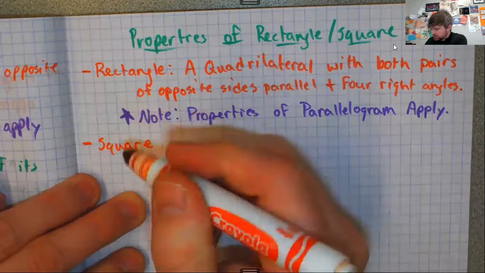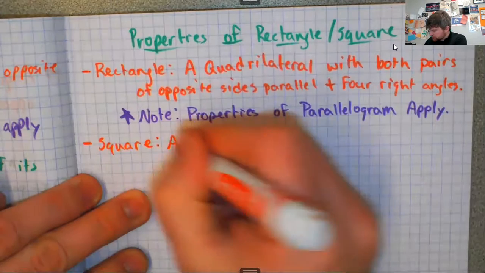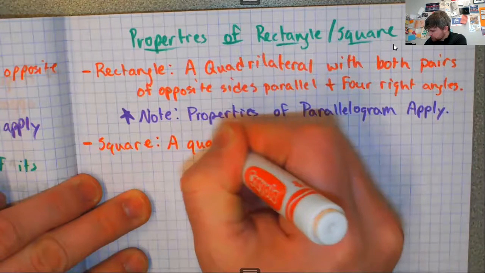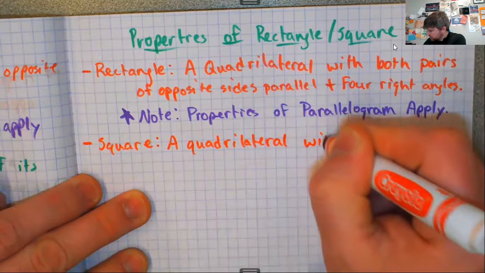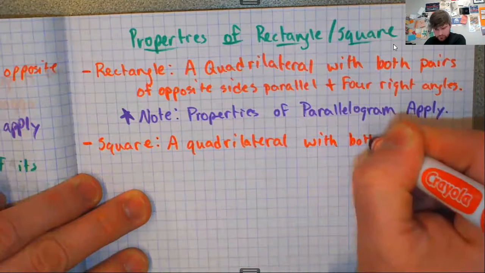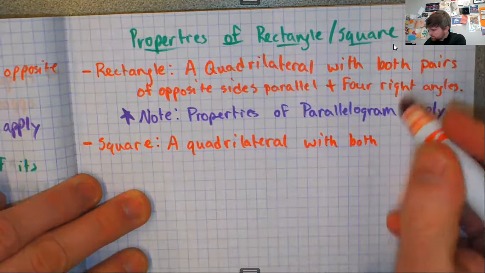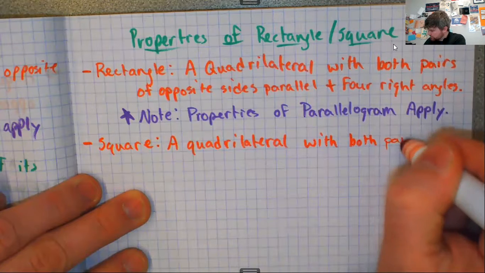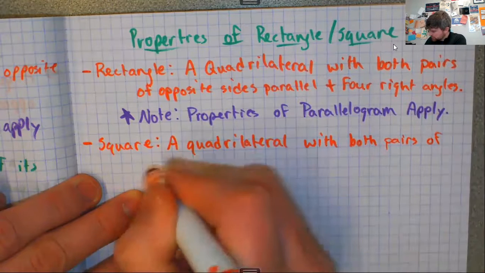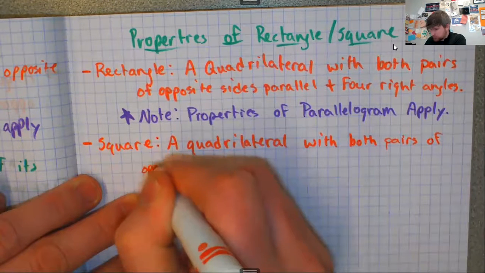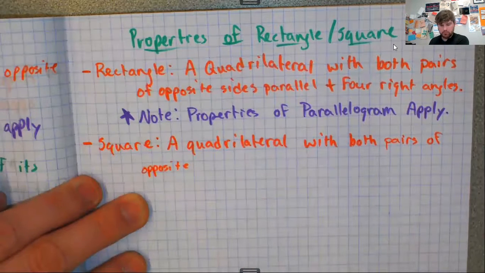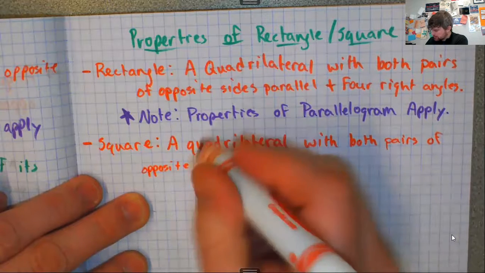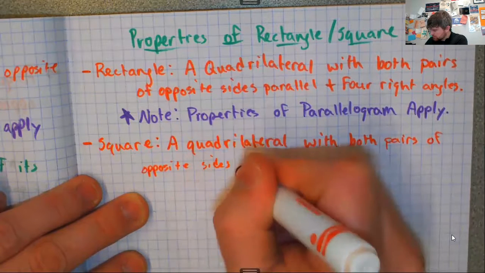Okay, a square is a quadrilateral with both pairs of opposite sides parallel.